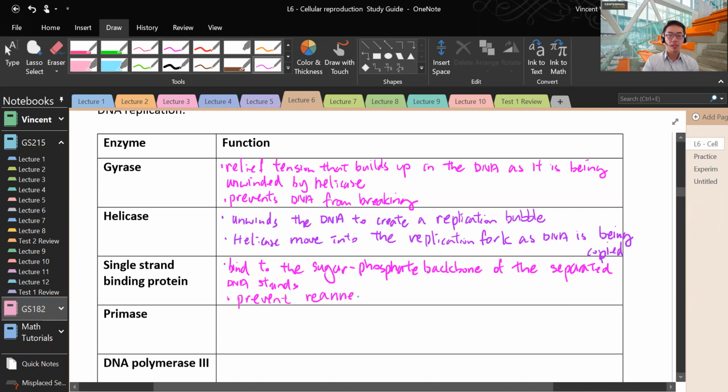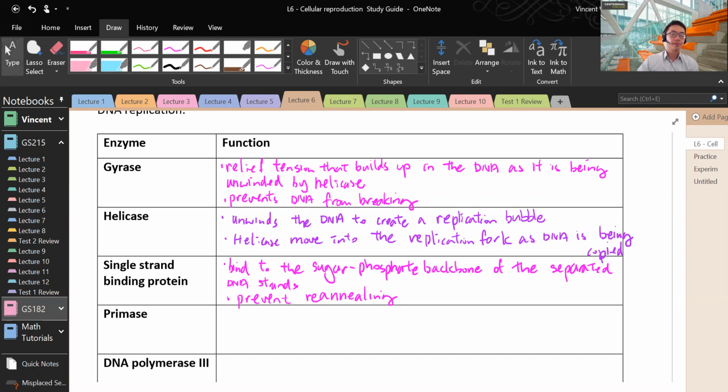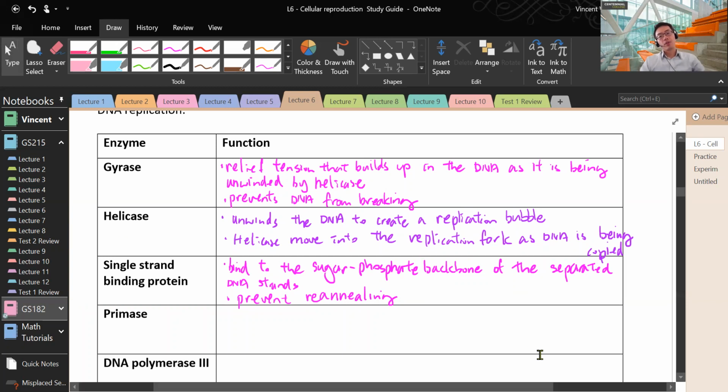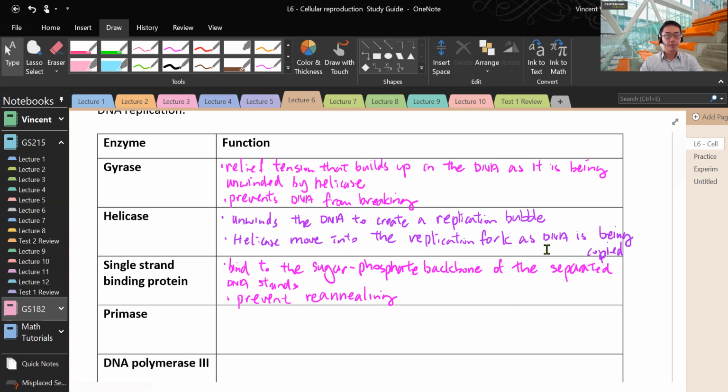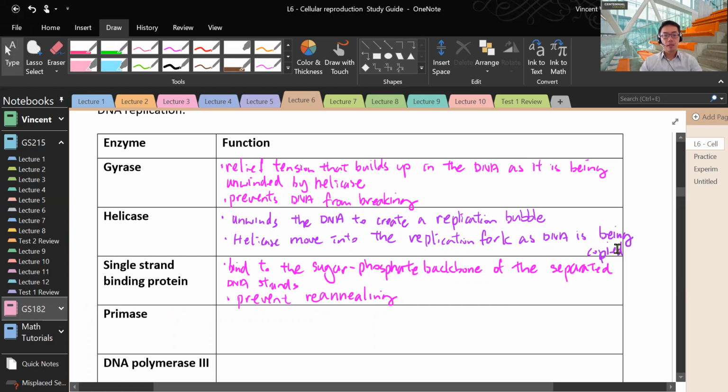That's what it's called. It prevents them from coming back together. So I'll give you a moment to catch up copying all these things, and then we're going to move on to another diagram in a second.